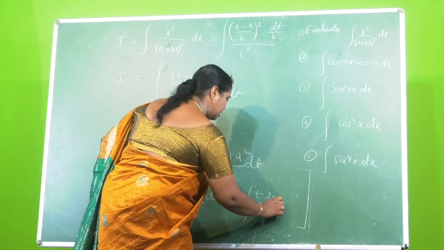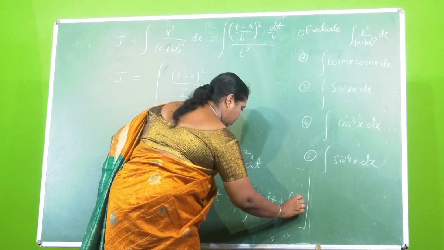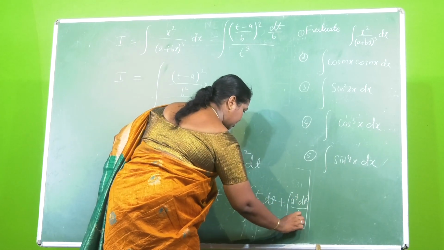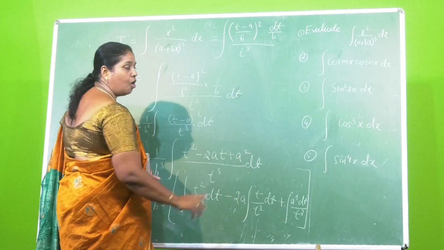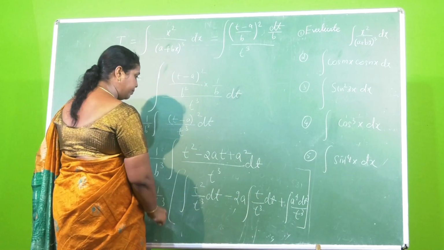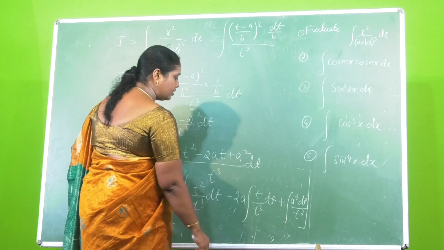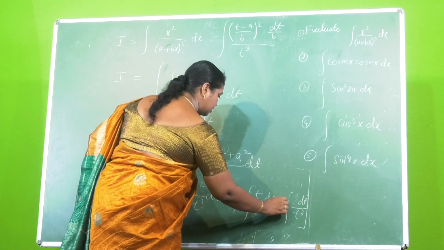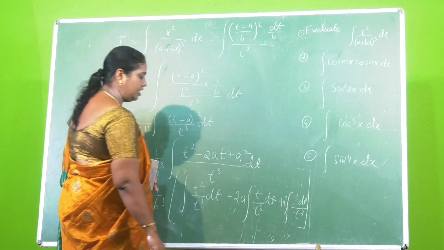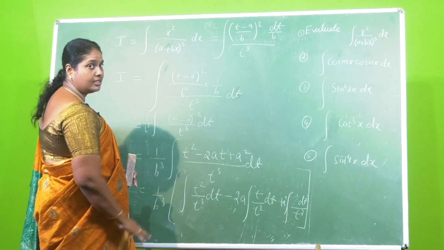The third term will be plus the integral of a square dt divided by t cube. This 1 by b cube is common to all the terms, so I put a big bracket here, and this a square is also a constant, so we can take it outside in the last integral.